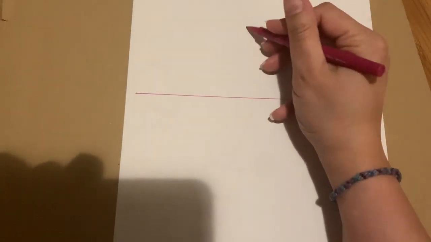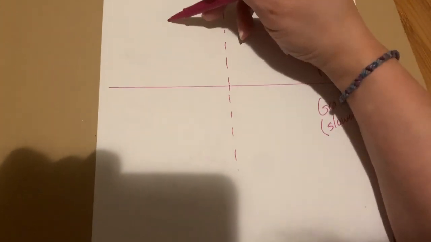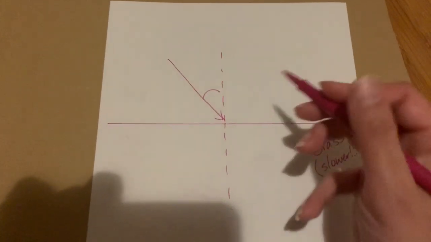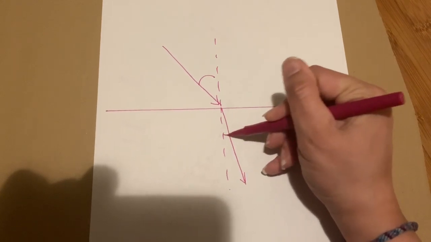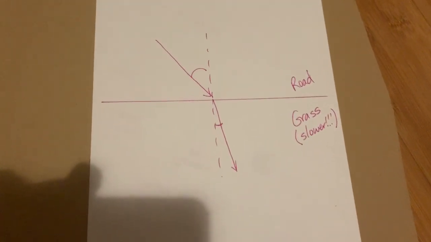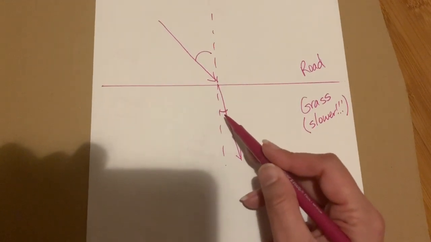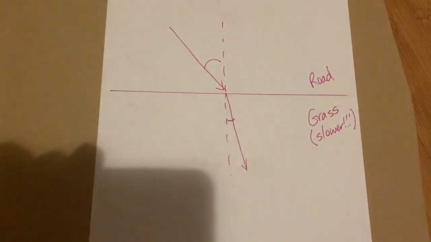And so we've got our normal line going here, and we have our angle here. Then this one is going to deflect towards the normal even more. So even slower means an even smaller angle, which means it bends towards the normal more.